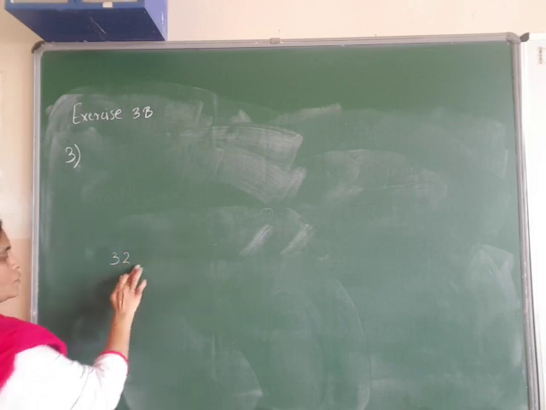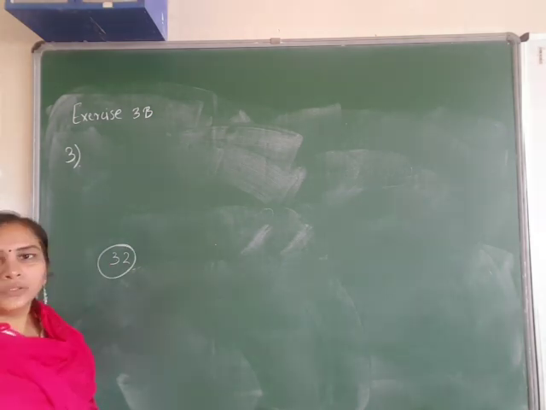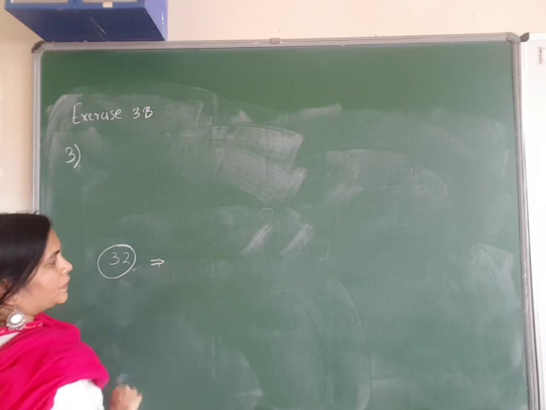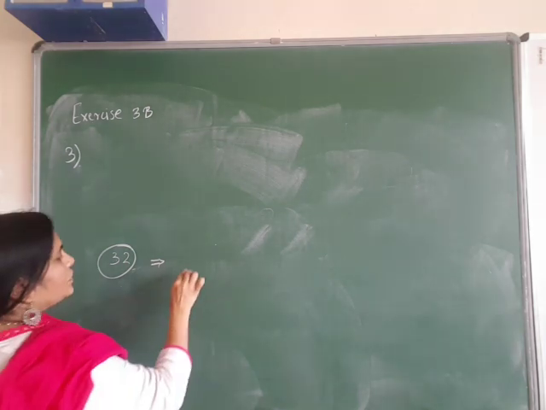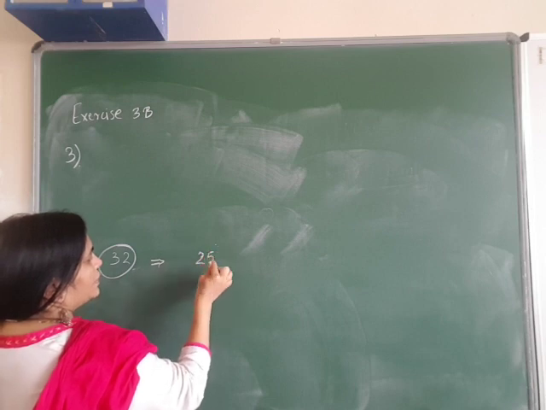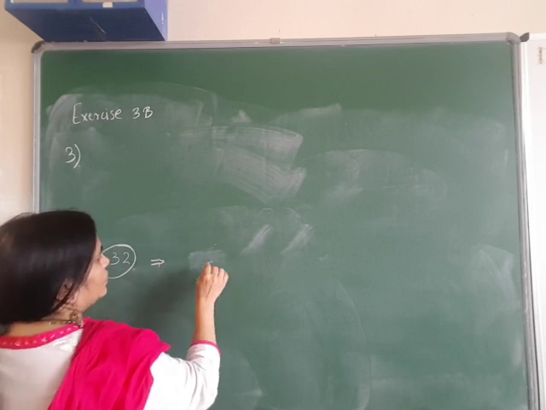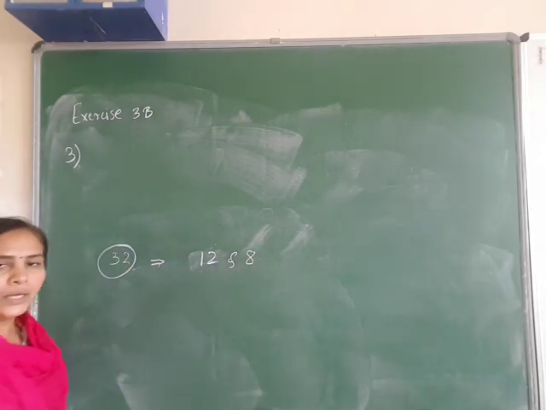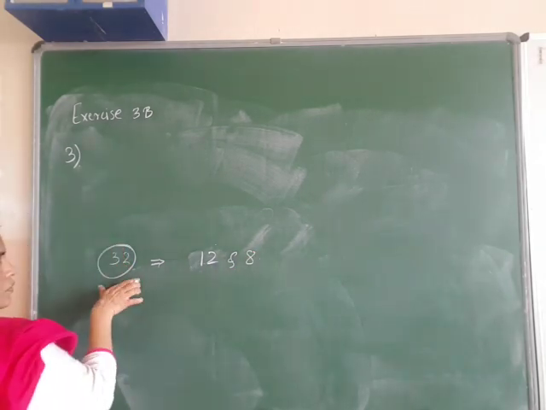I have to make a 32. To make 32, what should be added to the sum of 12 and 8? Here, like this.